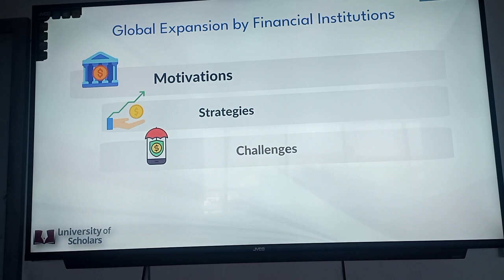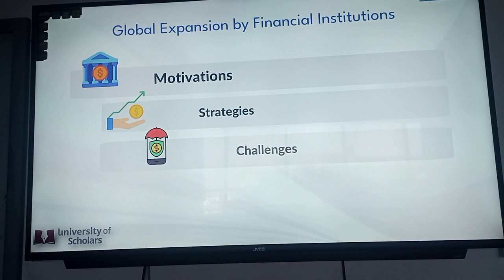Another major challenge can be the exchange rate risk, which fluctuates very often from country to country. Fluctuations in currency values can impact the profitability of overseas operations.